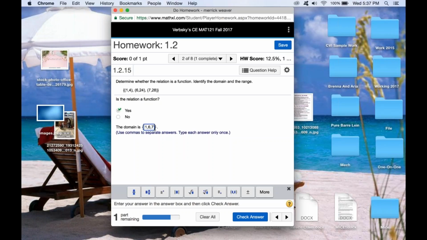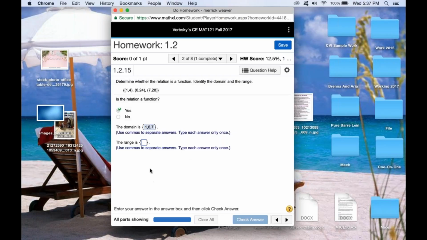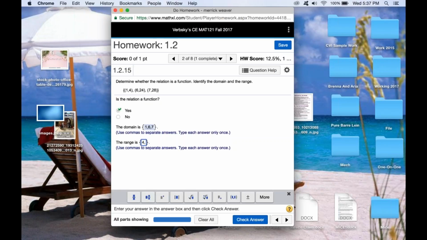All right. So would it be those three numbers? I think so, yeah. Okay, cool. The range is 4 comma 24. So domain is x values. Exactly. Range is the y, second. Go ahead and enter that and go to the next one.